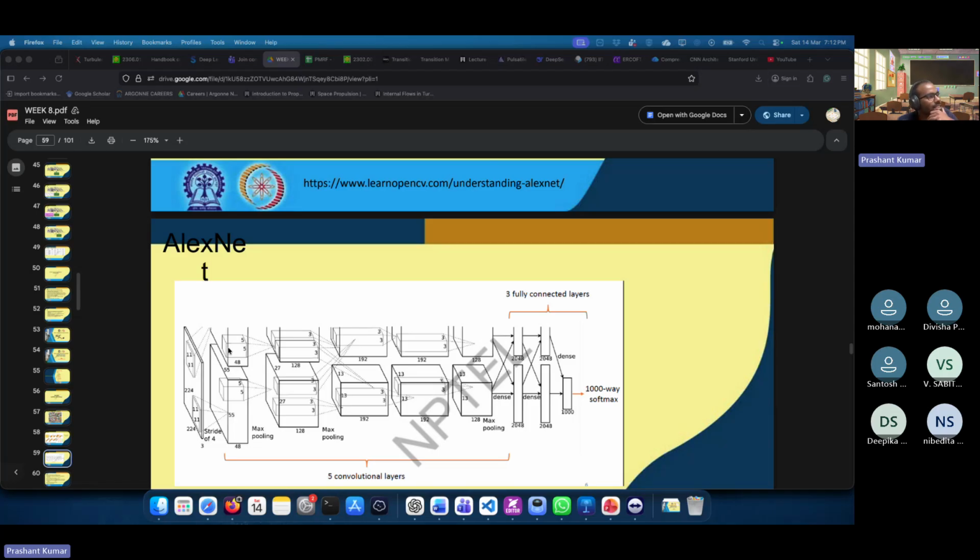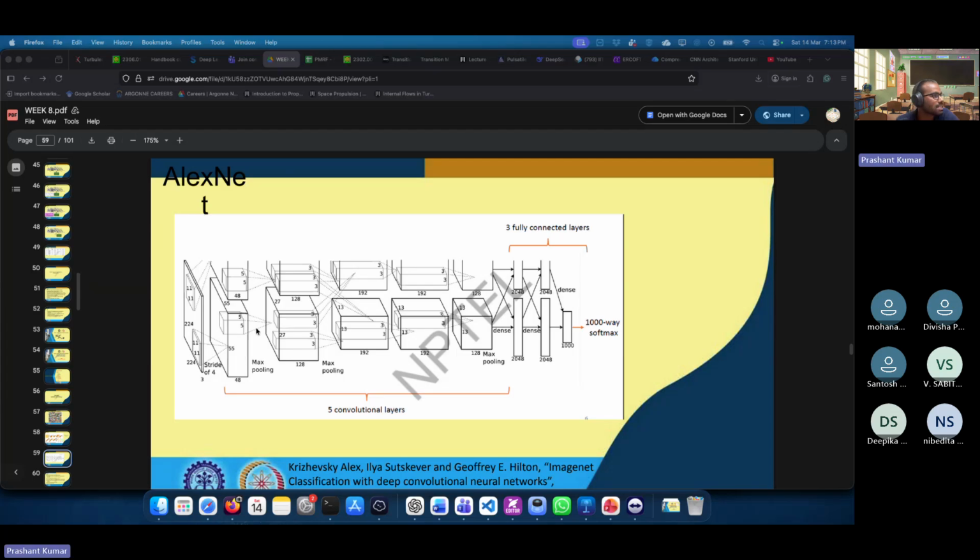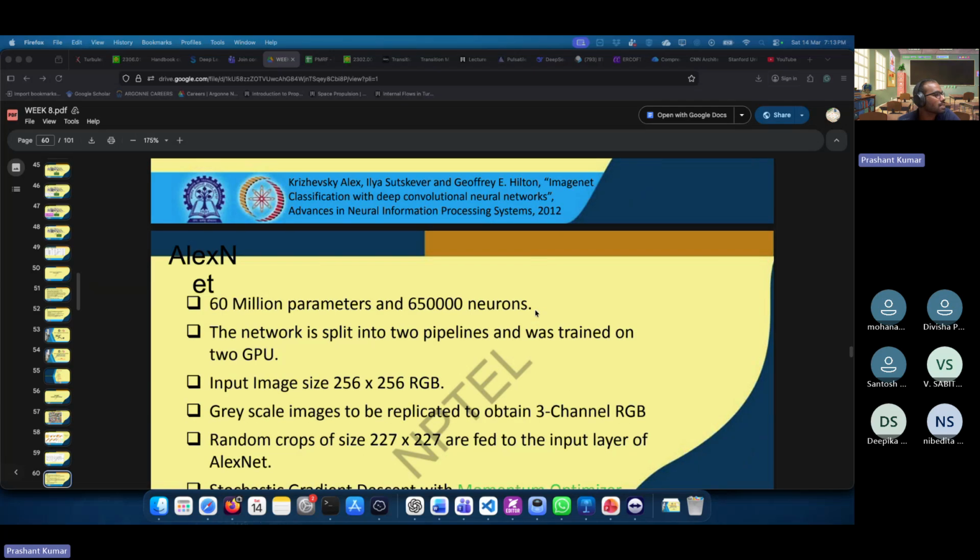You can see the lower one is fed to one GPU and the upper one is fed to another GPU, such that we are dividing the number of parameters for each GPU so that this can be trained. And when this network was being trained, it used to take a week to train on this kind of data.